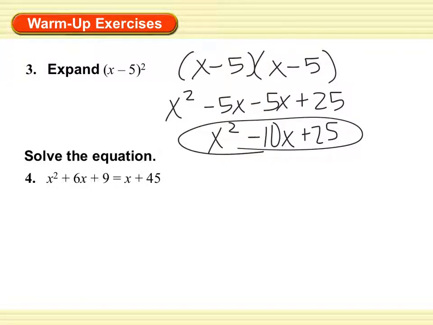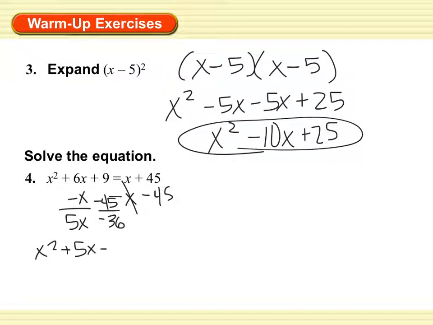Solve the equation. So I need to set this equal to 0 and figure out what x equals. So I have x squared plus 5x minus 36 equals 0.